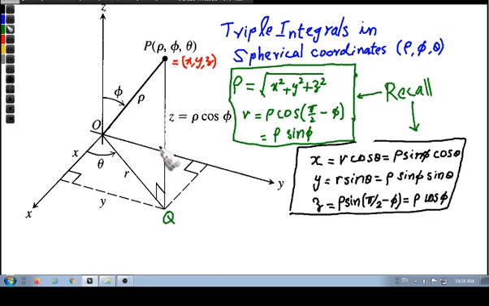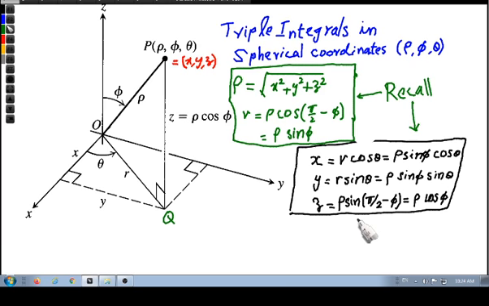From this right angle triangle, sin pi by 2 minus phi is opposite side, namely z divided by the hypotenuse rho. So z is equal to rho sin pi by 2 minus phi, which is rho cos phi. So this is x, y and z in terms of rho, phi and theta. Okay.